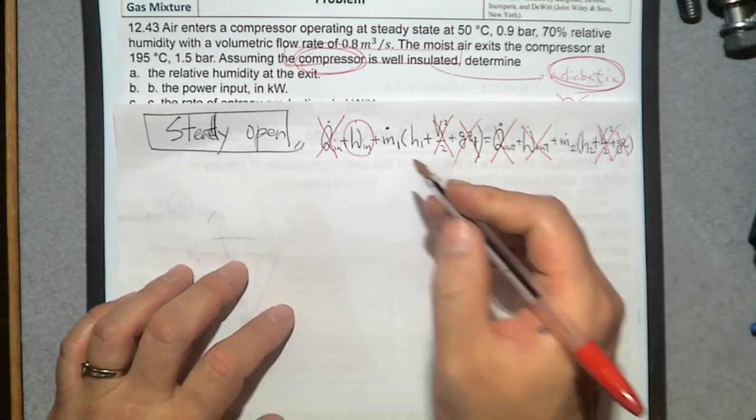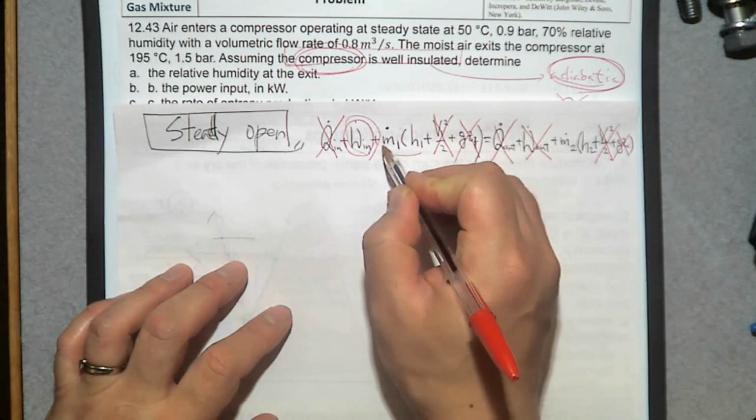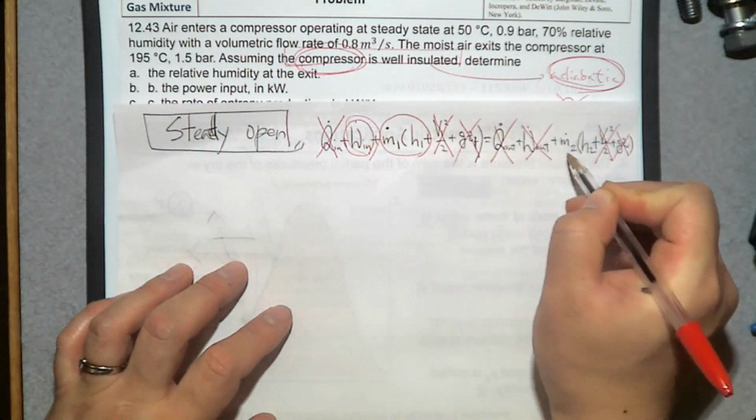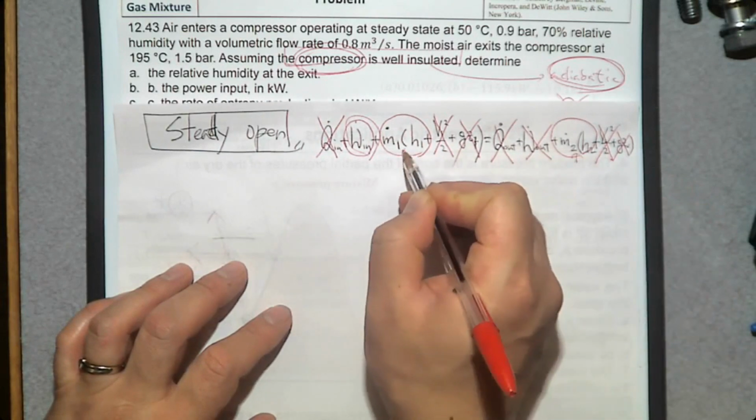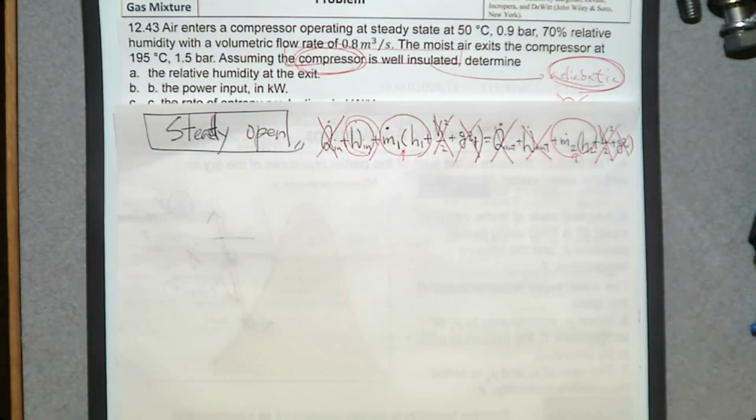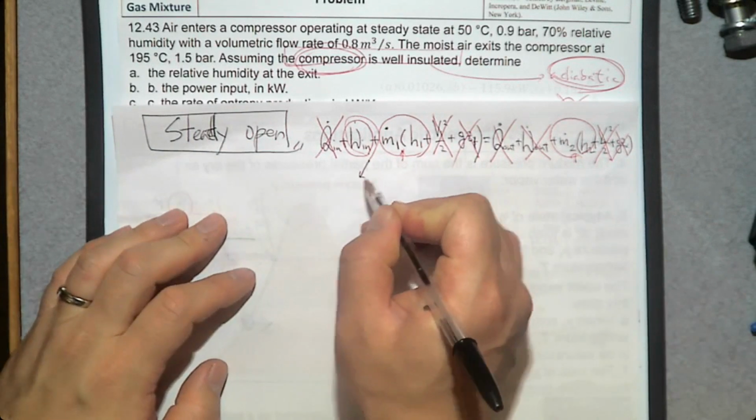Then what do we have? W dot in, the rate of enthalpy at the inlet, and the rate of enthalpy at the exit. However, we don't want to use just m dot h, because now we have a mixture: m dot of A, m dot of V. So let's combine these two. Then what do we get?